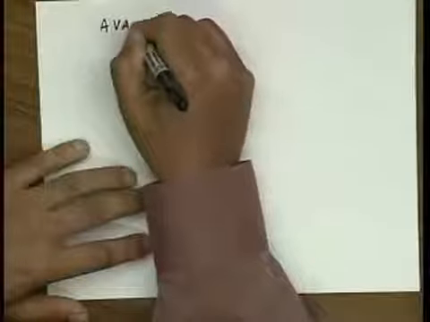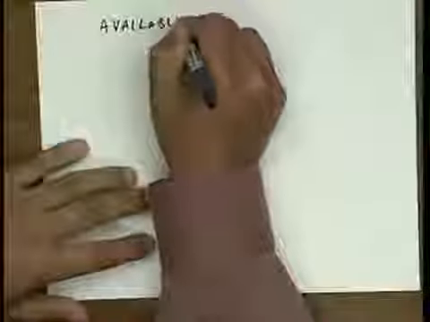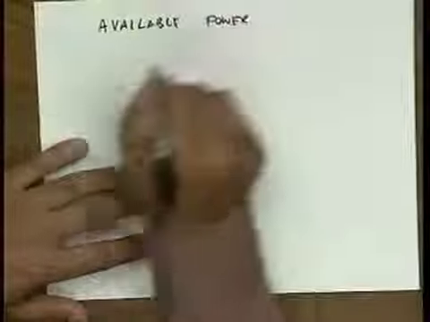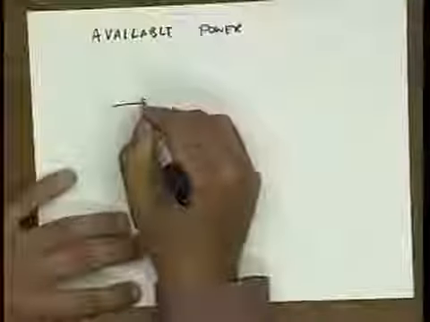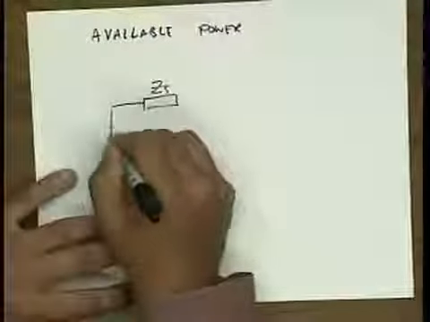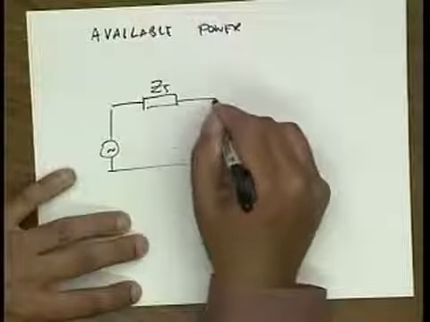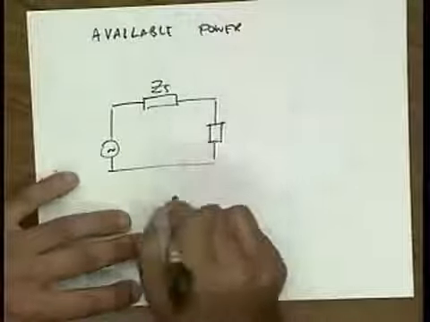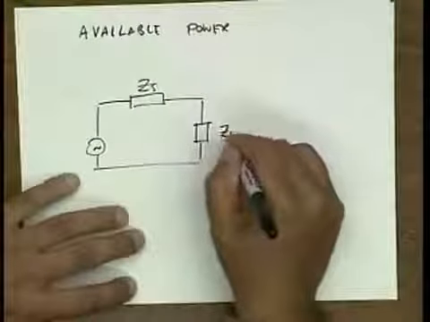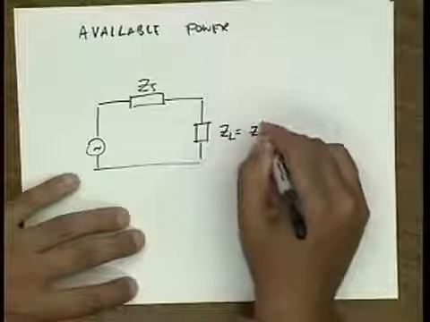Let me back up here and review available power. I think there might be some confusion over the notation of available power. Okay, so let's say I have a source ZS and I want to extract available power, right? So I connect ZL equal to ZS conjugate.